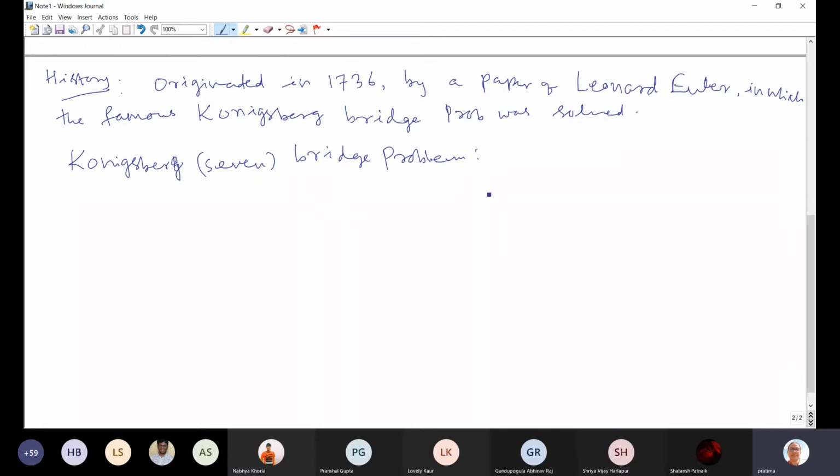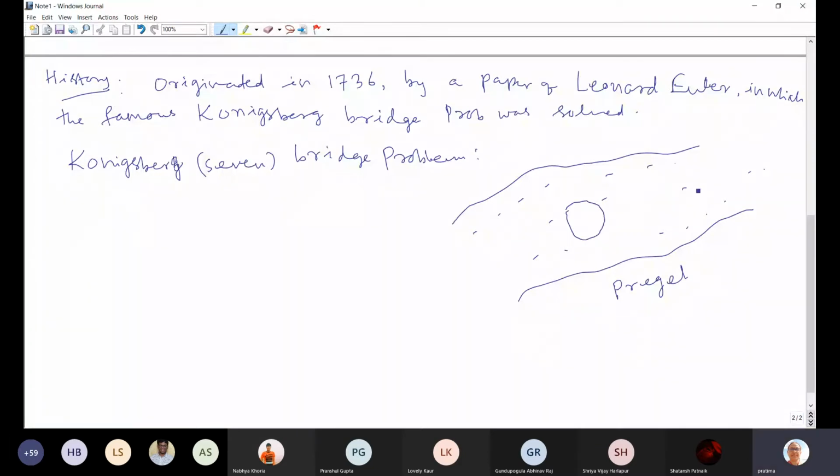So in the city of Königsberg, there was a river, and the name of this river was Pregel.